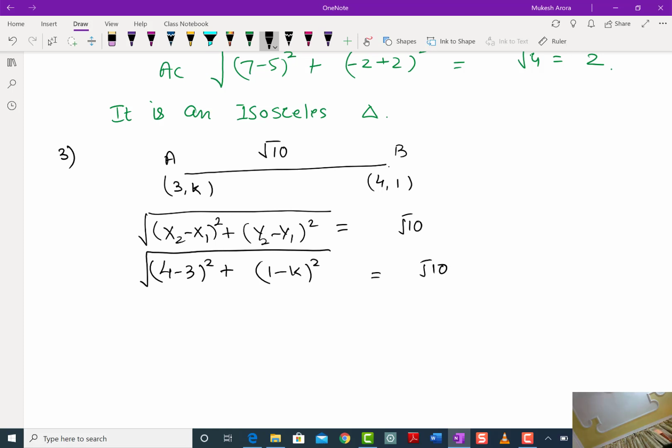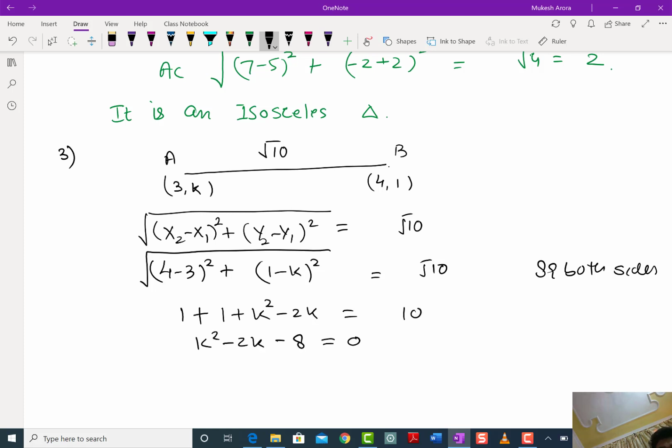We can remove the under root by squaring both sides, so automatically the root will be eliminated. This will be 1 plus 1 plus k square minus 2k is equal to 10, or k square minus 2k minus 8 is equal to 0.